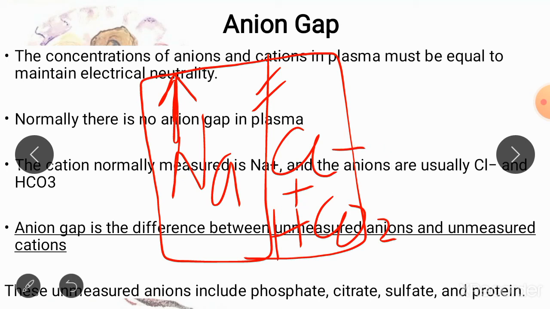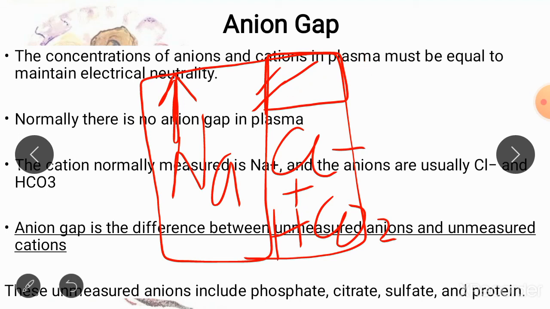And we also know that there must be electrical neutrality in our plasma. So this logic tells us that there must be some negatively charged anions present in plasma which are not usually measured while taking blood samples. These unmeasured ions are responsible for the anion gap.